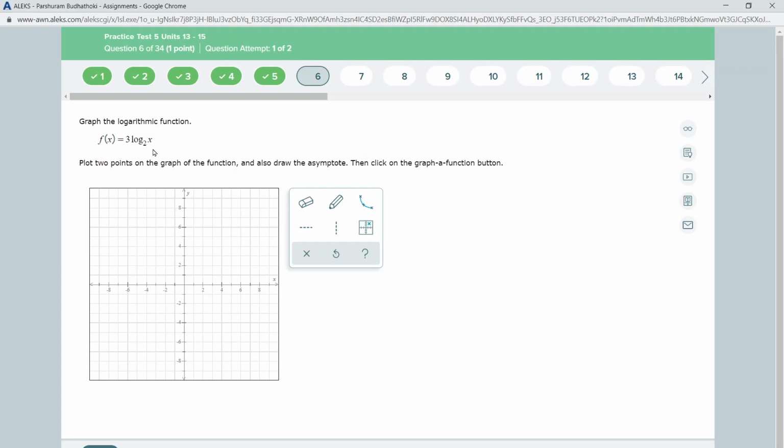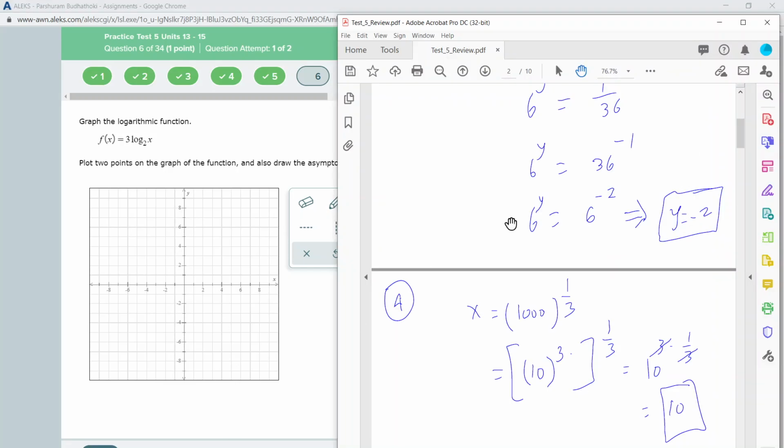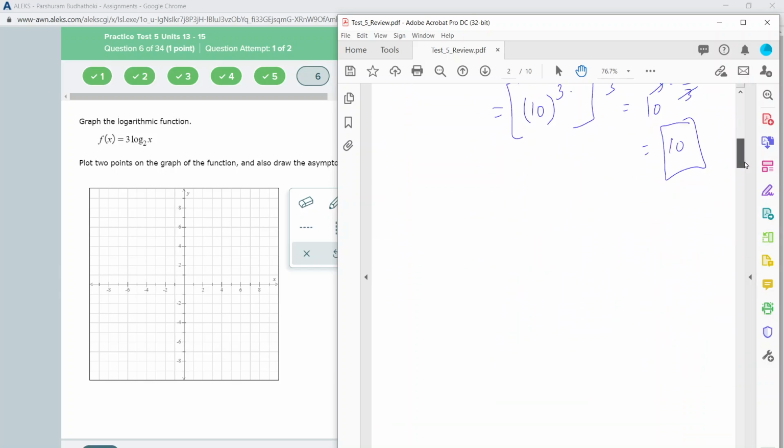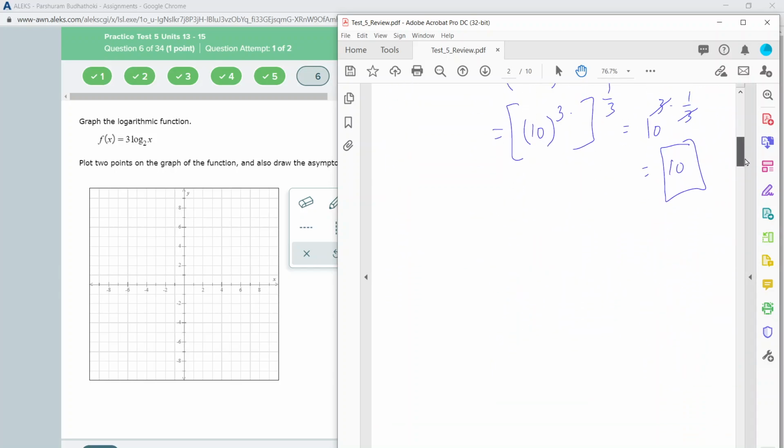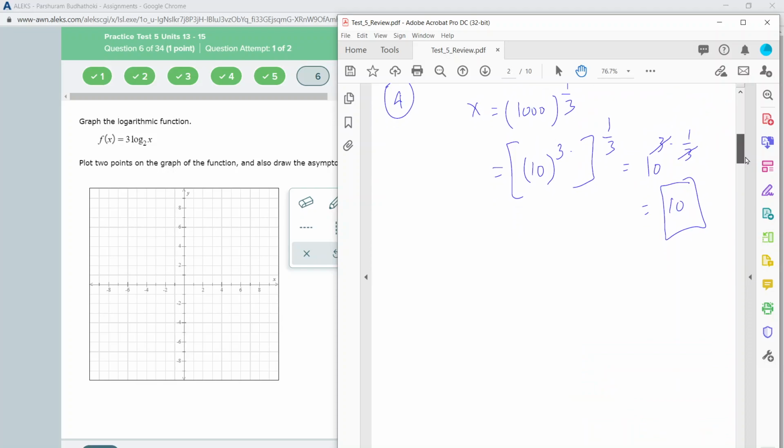So here we need to plot the graph of 3 log base 2 of x. First of all, we should know the points for log base 2 of x. If you don't know how to calculate log base 2 of x, you can use two different ways.